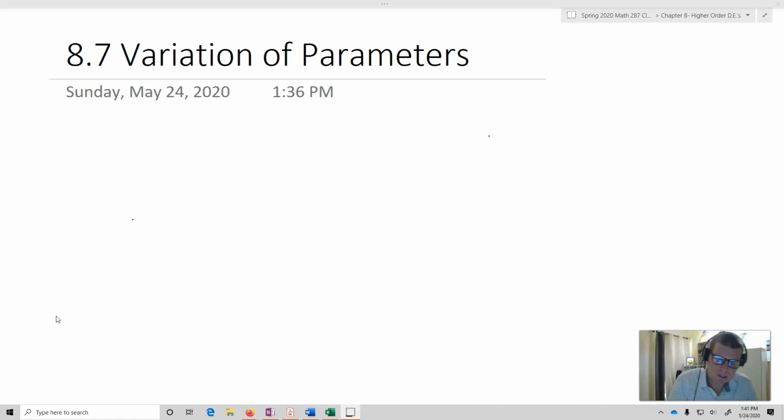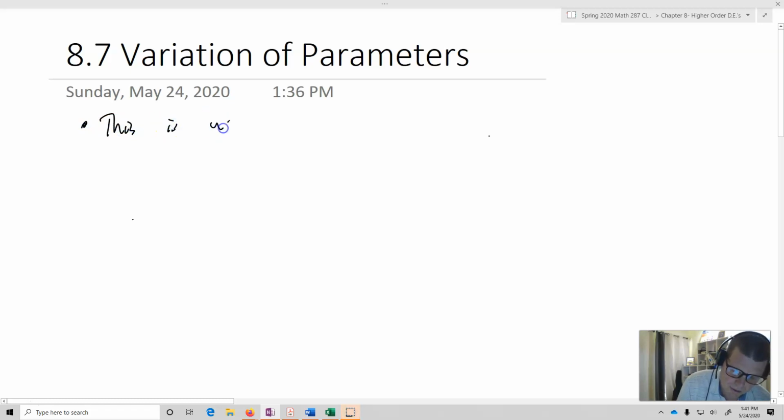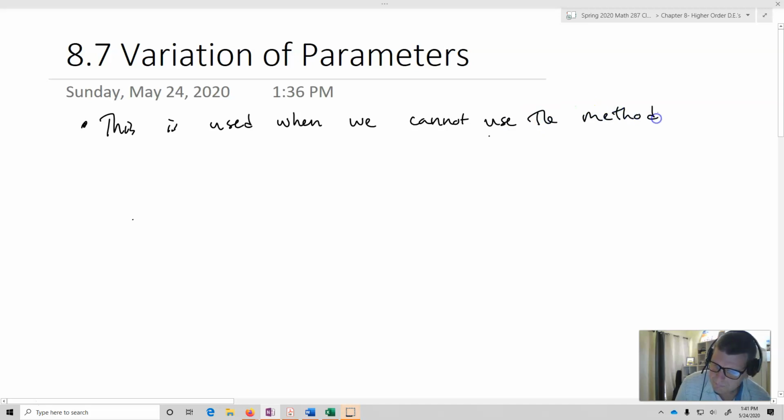Okay, so we use the variation of parameters when we cannot use the method of annihilators. It's way more facile.